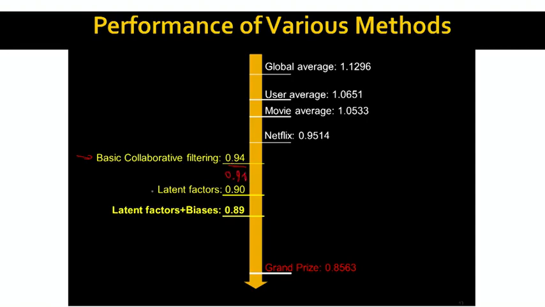We saw that basic latent factors are at 0.9, and latent factors including biases are at 0.89. So using clean methods, this is as close as we can get to the grand prize of 0.85 error. The question is, how do we achieve this final gap? Okay? And lots of work actually went into closing this last final gap before the $1 million prize.